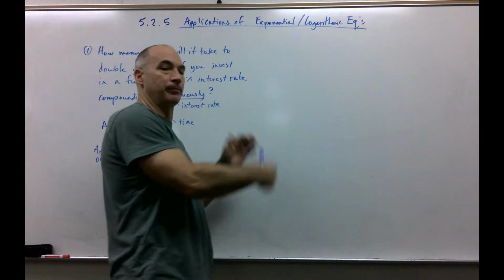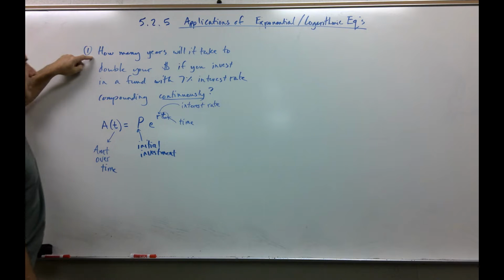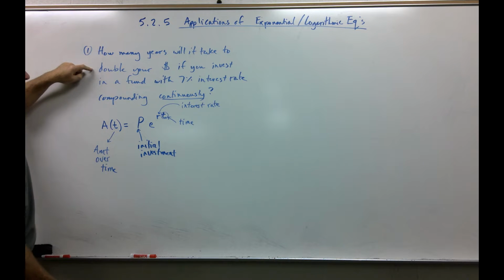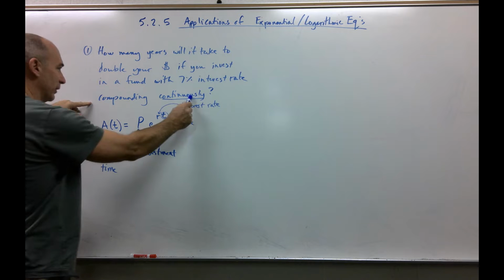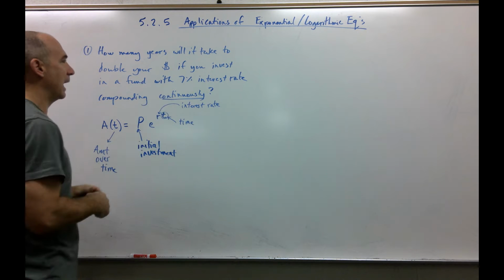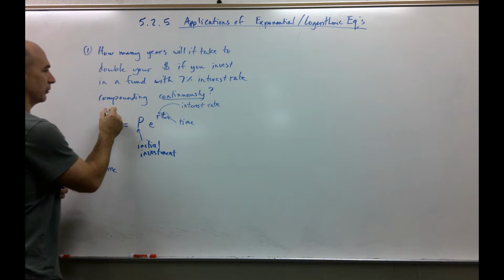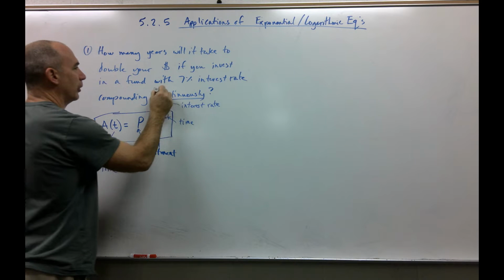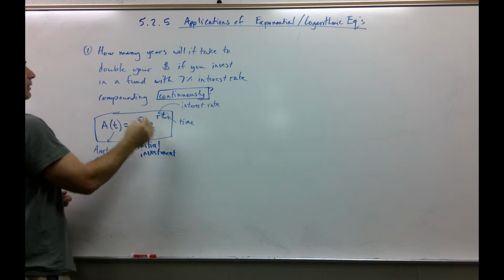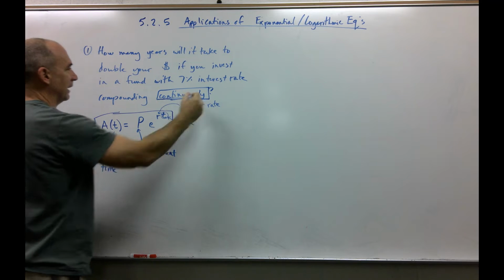Here's one. How many years will it take to double your money if you invest in a fund with a 7% interest rate compounding continuously? Now that's a whole different idea, but this formula right here is the formula for compounding interest continuously.